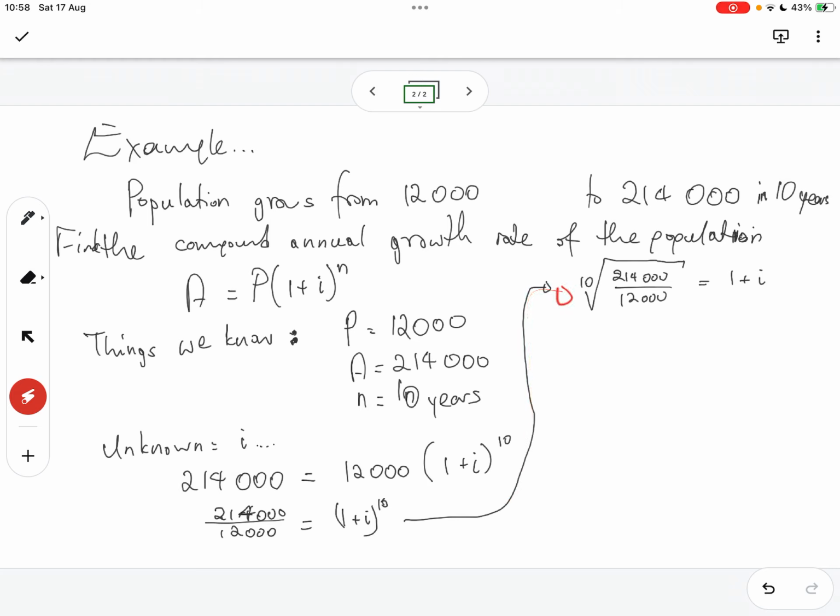Do you understand this step? Oh yeah, I understand. Number of years. Yes, that's correct. So that we can remove this exponent on this side and put it to the other side. Okay, that's good.